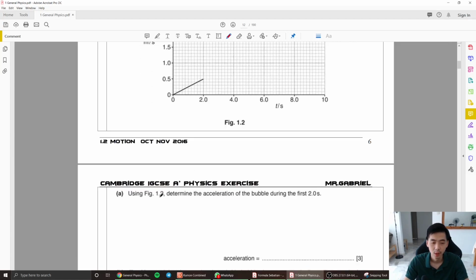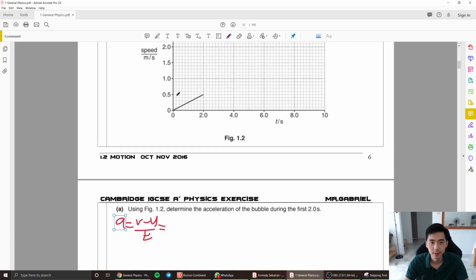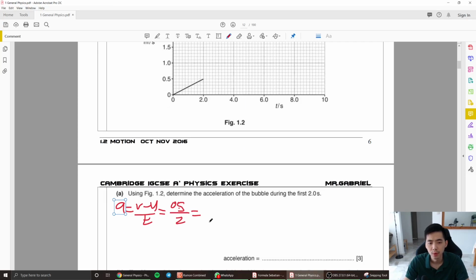Using figure 1.2, determine the acceleration of the bubble for the first 2 seconds. It is supposed to be a equals v minus u over t. In this case, it would be 0.5 minus 0 divided by 2, which is going to give you a total of 0.25 meters per second squared.